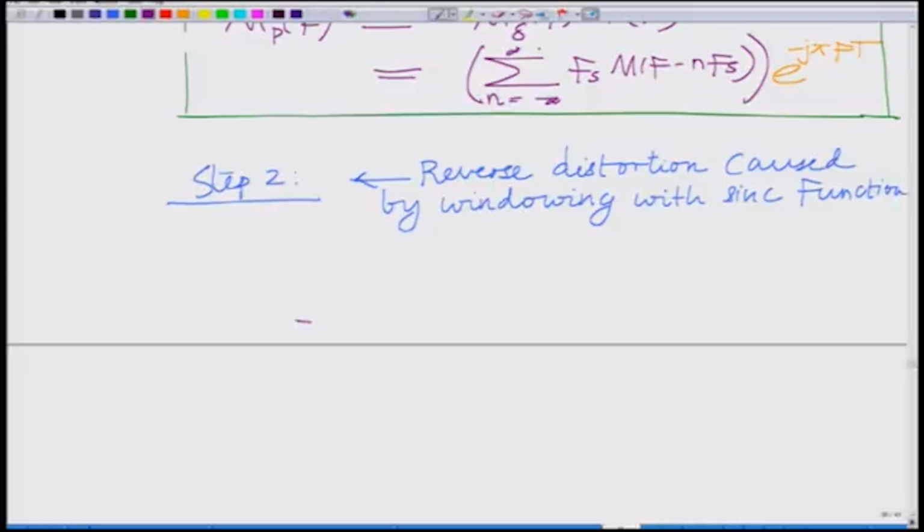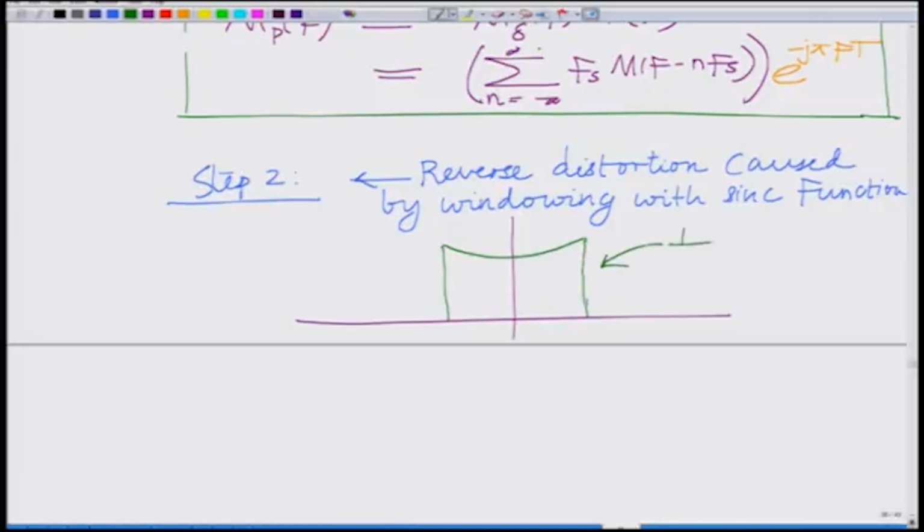So, basically you have to multiply by the response in minus Fs by 2 to Fs by 2, which is 1 over Pf, correct. So, that will be the inverse of the sinc, which will be something like this, correct.